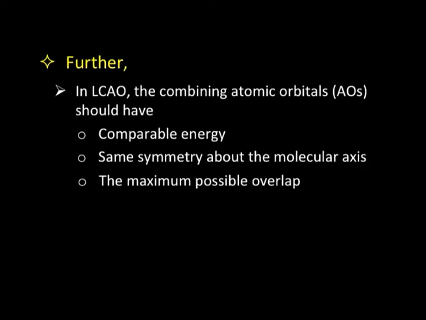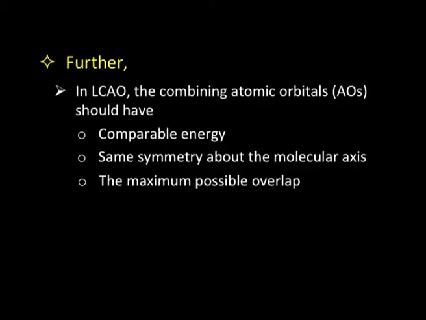The second requirement is that the combining atomic orbitals must have the same symmetry about the molecular axis. That means they can either be aligned along the internuclear axis, or they are perpendicular, and they can overlap laterally. That means you get sigma bonds or pi bonds and things like that. And the third requirement is that the overlap should be as effective as possible, because more overlap means you get a better molecular orbital.